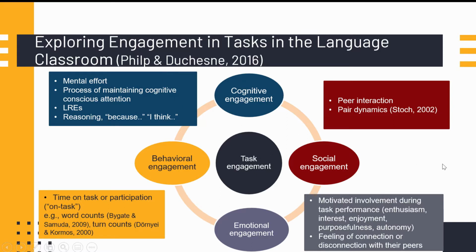So from now on, I will present a couple of previous studies that I conducted. As I mentioned, these studies were not conducted from a task engagement perspective, but lately I'm thinking a lot about task engagement and wanted to reinterpret this data from this perspective.